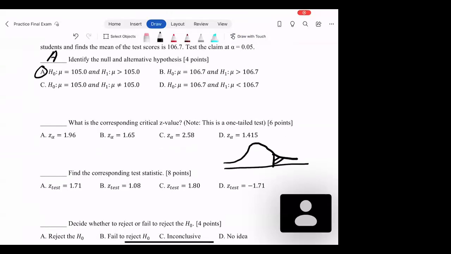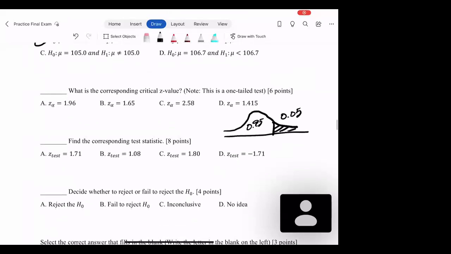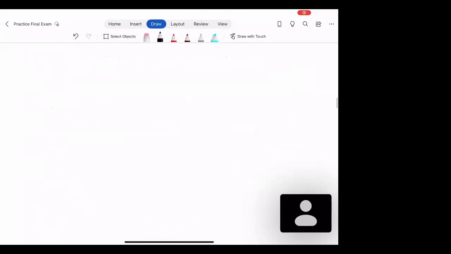So therefore the area in the right-hand tail is going to be alpha, which is 0.05. So therefore down here is 0.95. If you look it up in the table, there's one that's 0.9495 and 0.9505. Take the 0.9505. So therefore it ends up being B. Also, I don't give you 1.64, so obviously it's 1.65, so B.